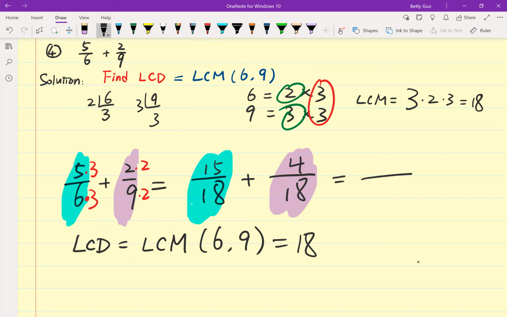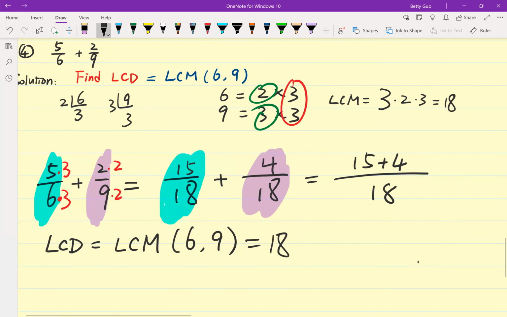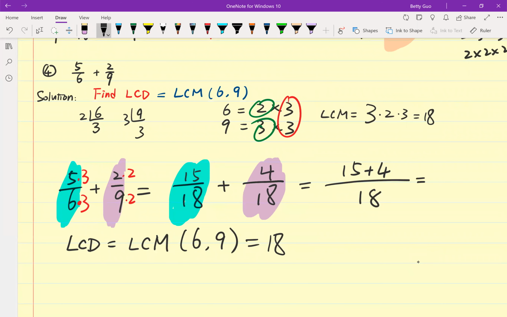What's the rule? Keep the bottom, solve the top. 15 plus 4 is 19. And reduce the result. We know 19 is a prime, and 18 has no prime factor 19 because 18 is smaller. So we know 19 over 18 is reduced already.